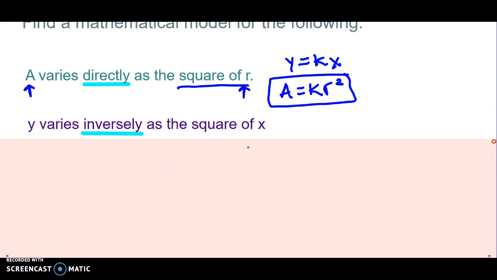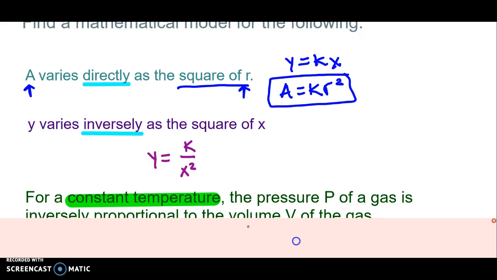Okay, so y varies inversely as the square of x. You'll notice that I had underlined inversely. So we have y and the square of x, very similar to our first one. So that mathematical model should look like this: y equals k over x squared. The last one here, for a constant temperature, and notice that I highlighted that in green because the constant is temperature.